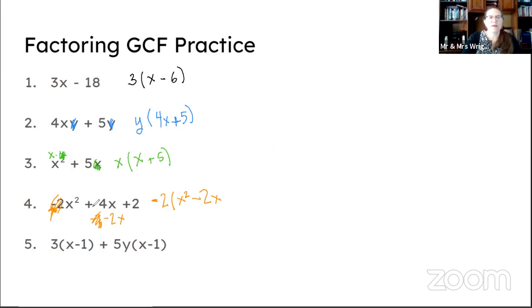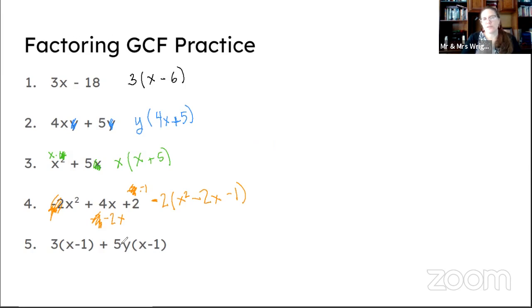And you can see how that positive sign switched to a negative because of our negative that we're factoring out as the GCF. And then a positive 2. If I'm factoring out a negative 2, it's negative 2 times negative 1, right? So if I cross out what I'm factoring out, the negative 2, I'm left with a negative 1. So negative 2, parentheses, x squared minus 2x minus 1. So our first factor is negative 2. Our second factor is x squared minus 2x minus 1.